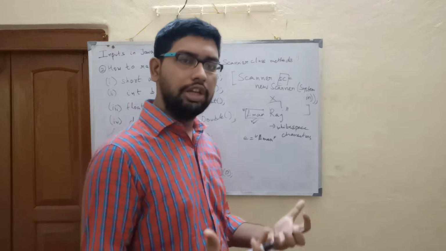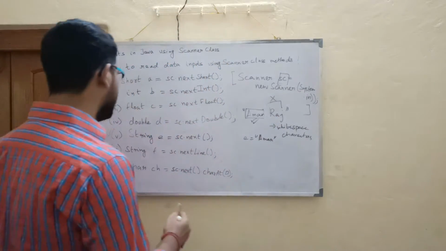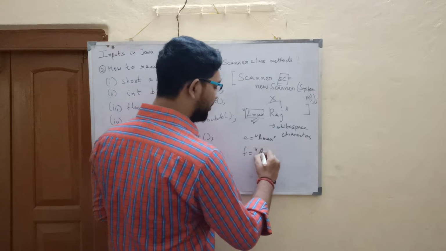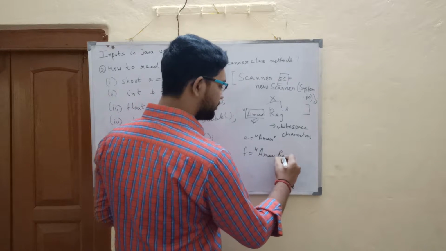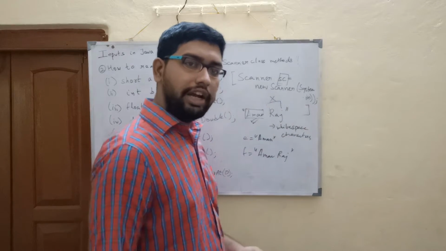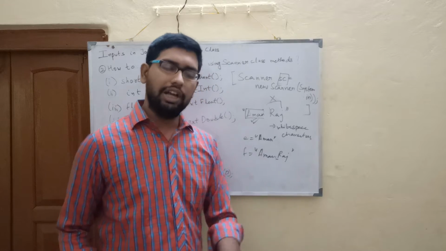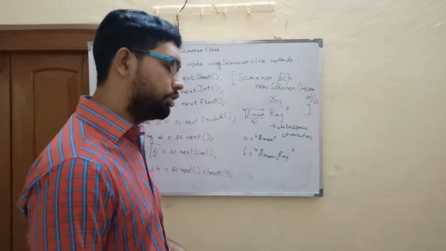This will hold the value inside the variable f, so variable f will store the value Aman Raj as a whole. Remember that in this case, the gap in between is taken as part of the string input.